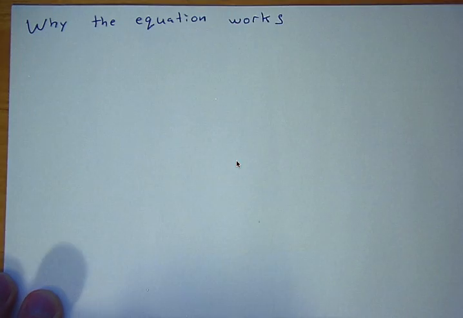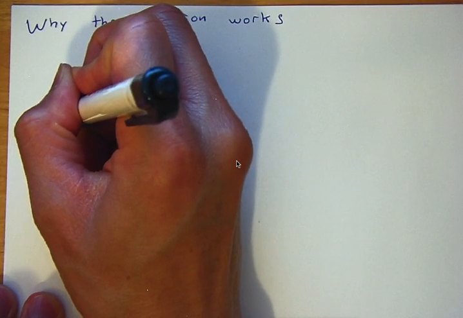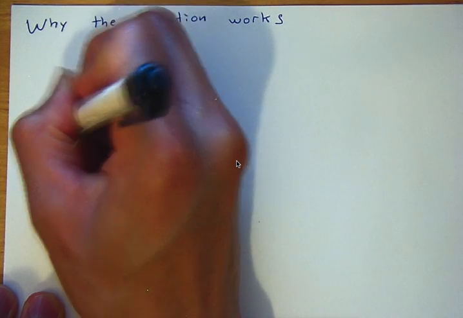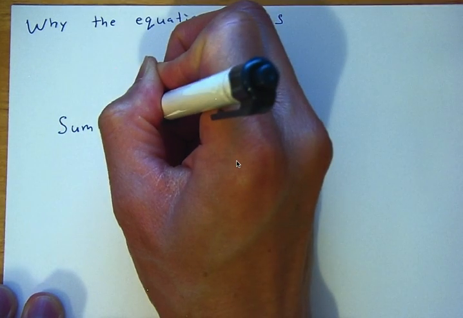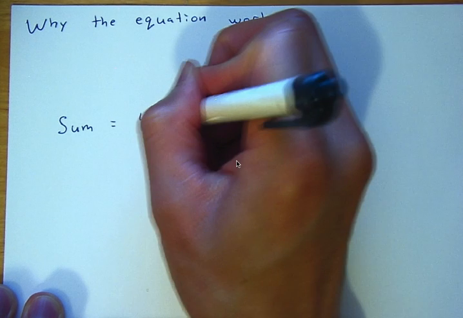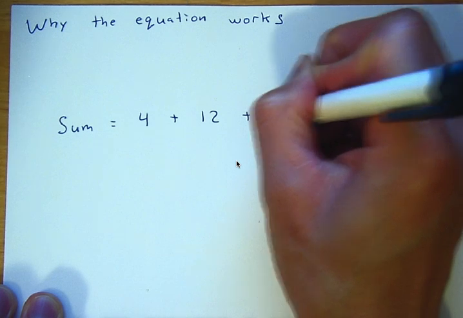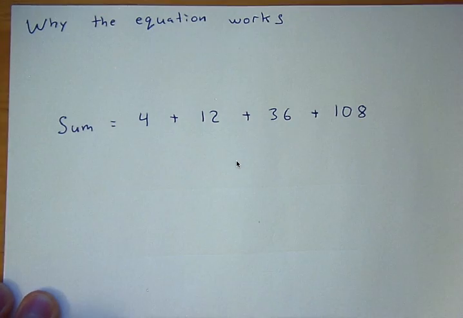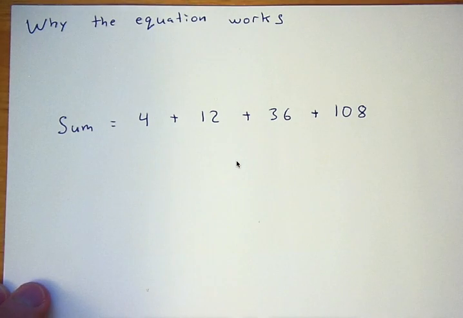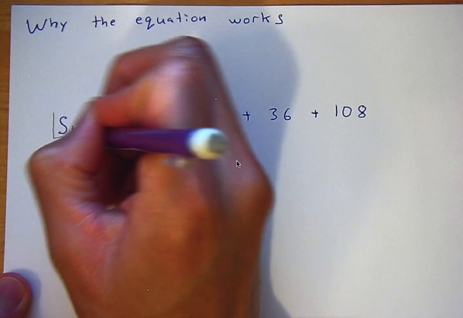In that last page, we were trying to find the sum of 4 plus 12 plus 36 plus 108. So this right here is the number we're trying to find.